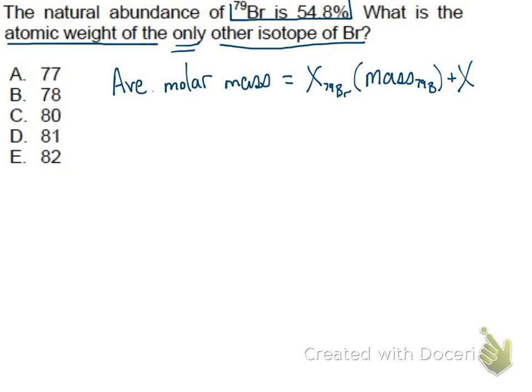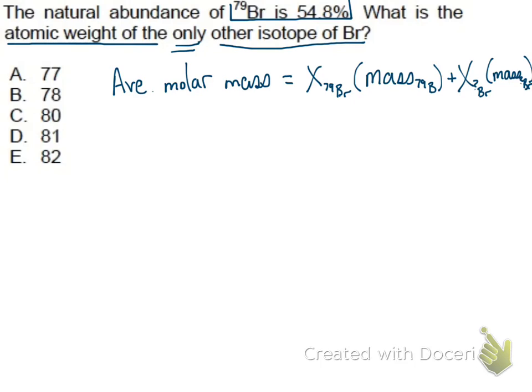So we're going to have the fraction of bromine, we don't know what it is, and then the mass of that. Then we're being asked for basically what the atomic weight or the mass is of bromine.